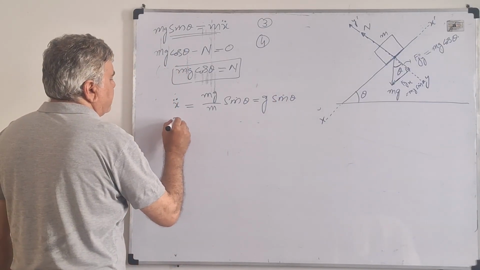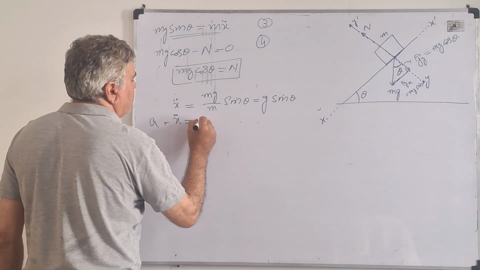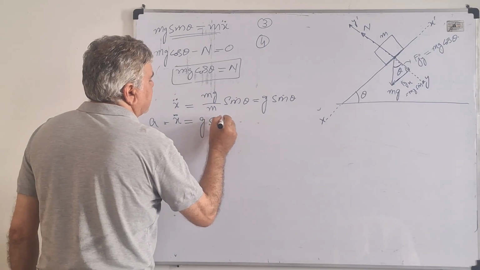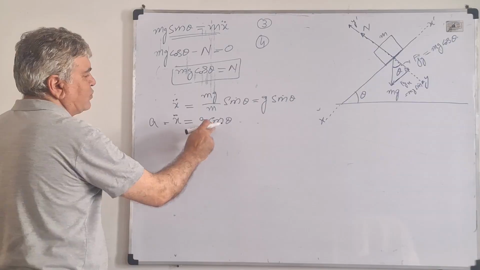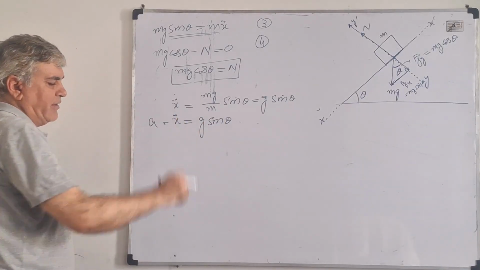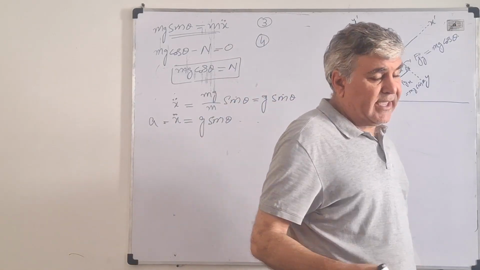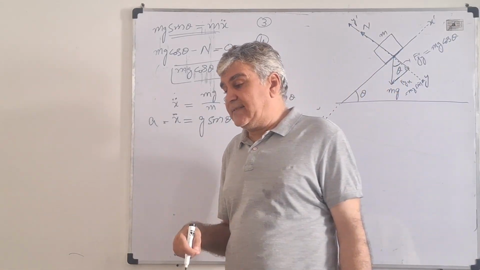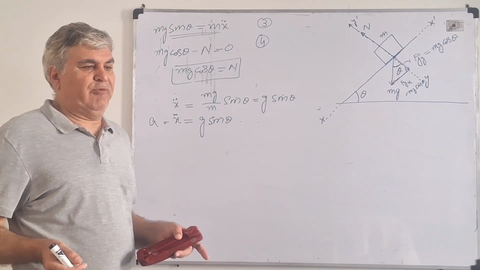So we have the acceleration a equal x double dot equals g sine theta. Now g is constant, theta is fixed, so this term is constant, therefore we have a constant acceleration. And from this acceleration, we can derive the equation for velocity, time dependency of velocity, and position dependency of velocity.